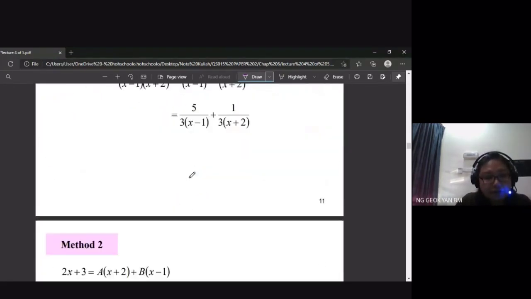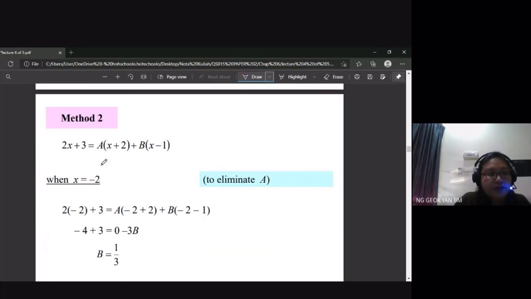Okay, method two. Method two is, after comparing the numerators, let us imagine when we substitute x equals -1 here, did you notice that the whole equation, the A will disappear? When you substitute x equals -2 into the left side and right side, you'll find that the A will be eliminated.